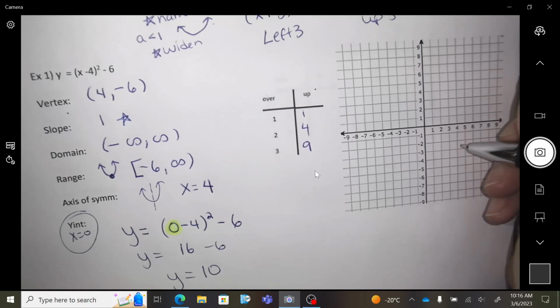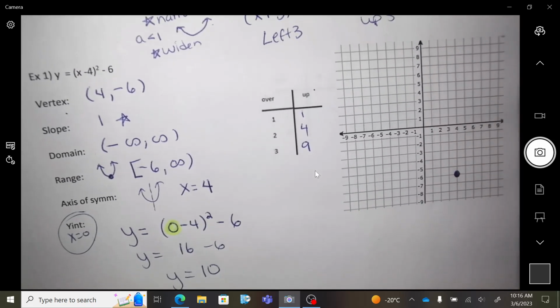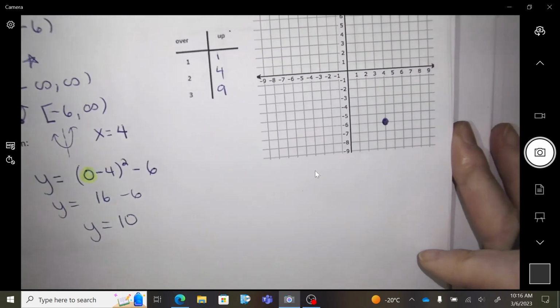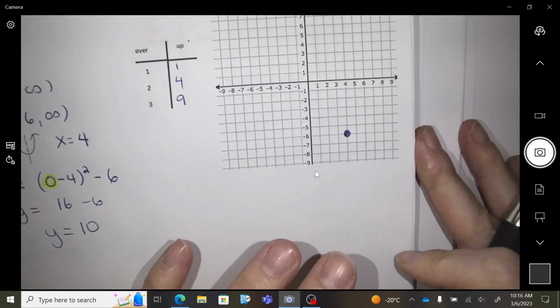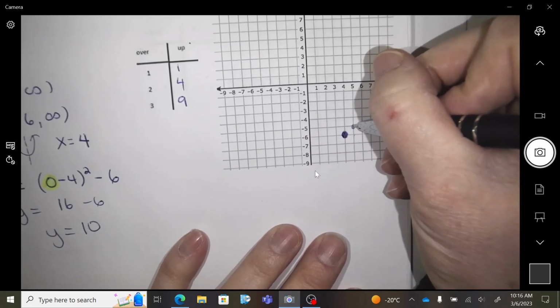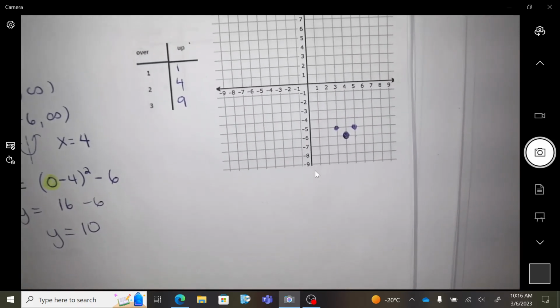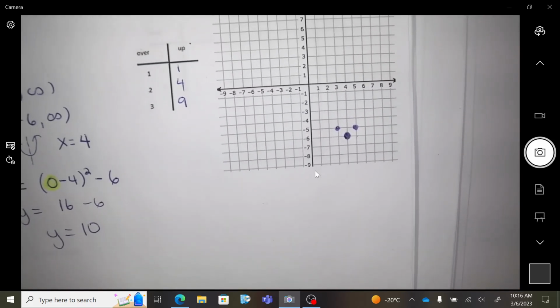So for -6, draw me a point because that's your vertex. And then you're going to do over 1, up 1. When you're doing your pattern, what do you always need to do? Reset. Go back to the vertex.